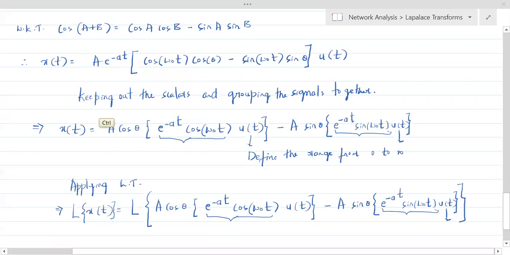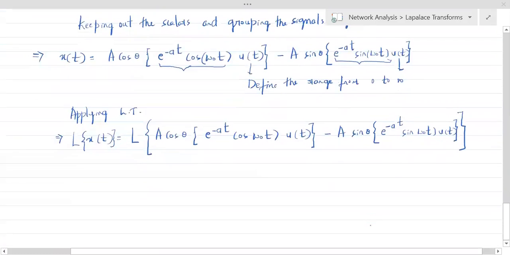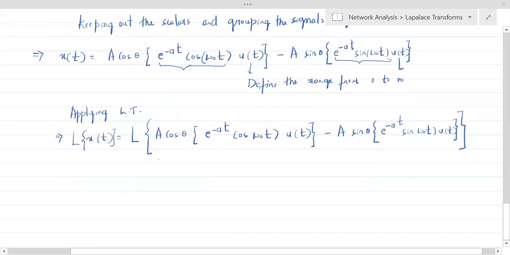Now let's take out the things which are not required. So by linearity property, we can keep the scalars out.